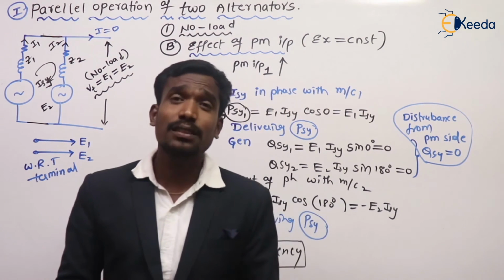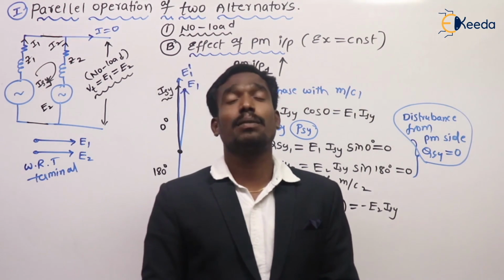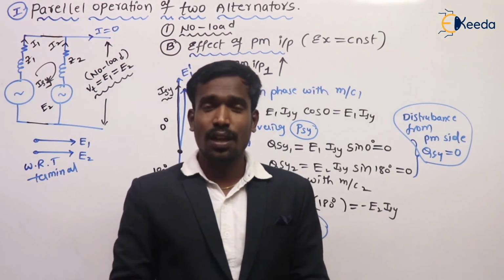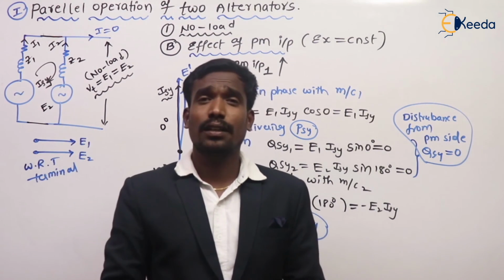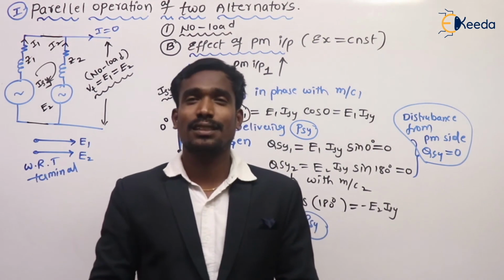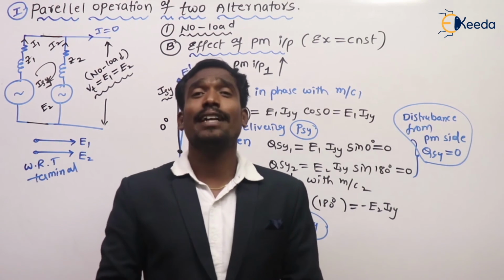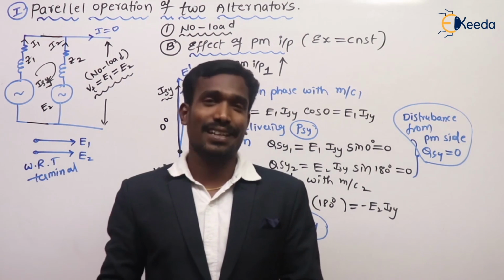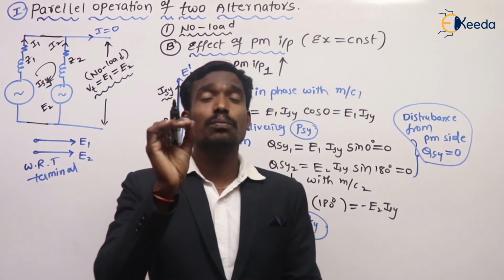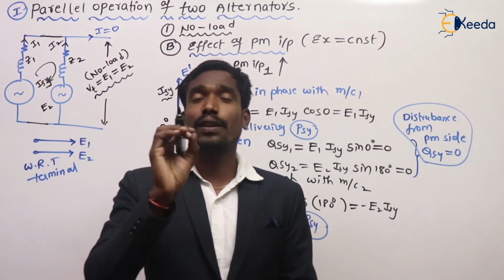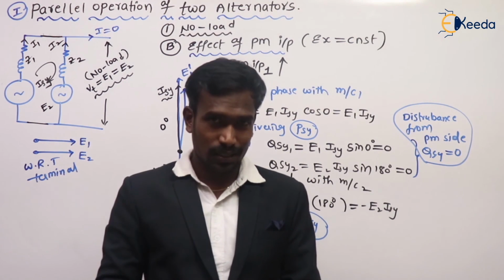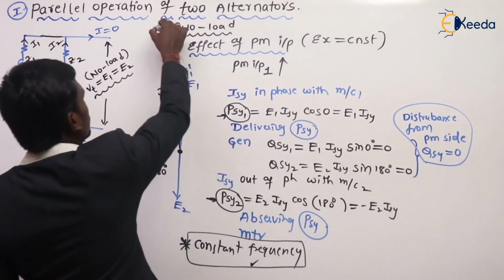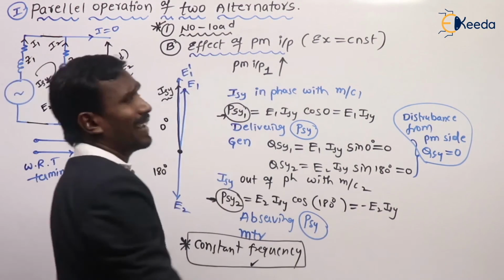If the disturbance is from the active power side, nothing but the prime mover side, then synchronizing active power comes into action. The synchronizing reactive power maintains terminal voltage constant. The synchronizing active power maintains frequency constant, nothing but speed constant. It should maintain constant speed, then frequency is also constant. So this is simply the parallel operation of two alternators at no load condition, which I completed.